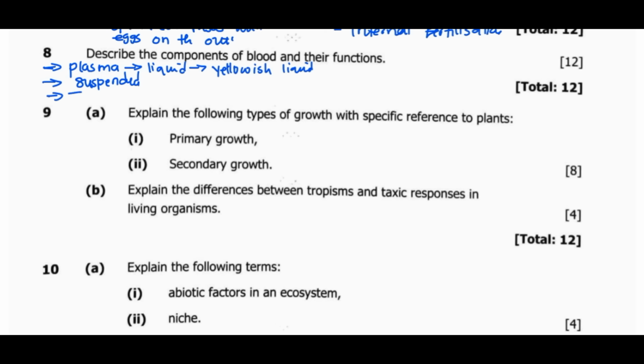Then the other function is for transportation. So plasma is responsible for transportation of, first, blood cells. Then we have food values, we have waste products, then we have hormones. So to mention a few, these are some of the functions of plasma.